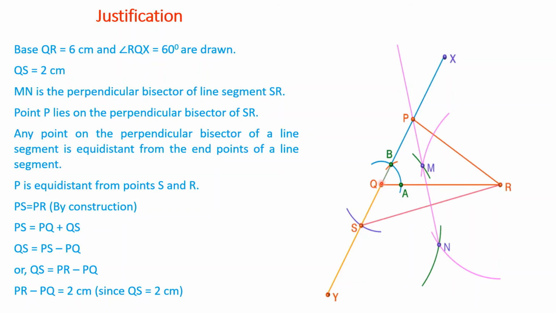2 cm is the difference of the other two sides, that is PR minus PQ is 2 cm. So QS is 2 cm.